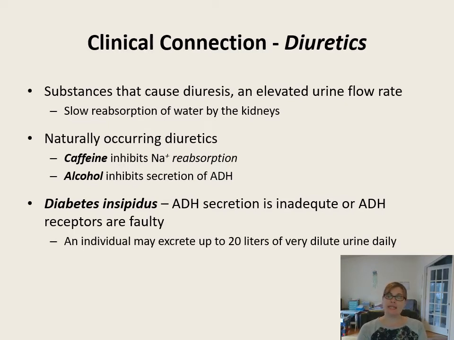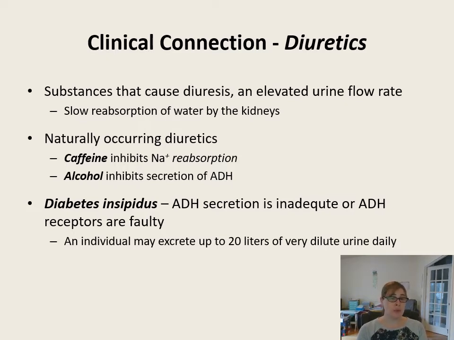Diabetes insipidus, SIP. I always think SIP refers to drinking liquid. So antidiuretic hormone secretion in diabetes insipidus as a disorder is inadequate, or the antidiuretic hormone is being released, but it's not being received. Someone with diabetes insipidus dehydrates incredibly fast.